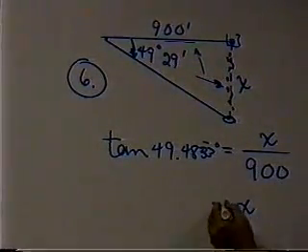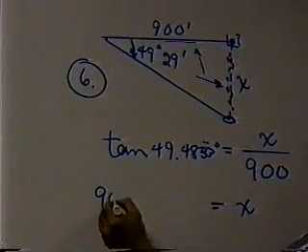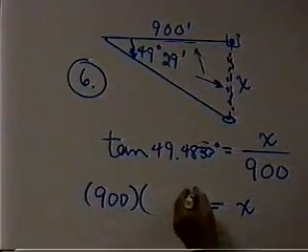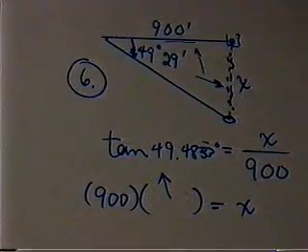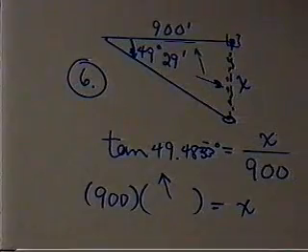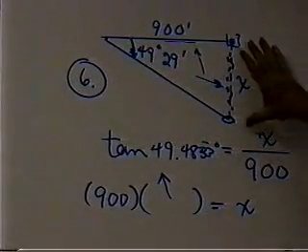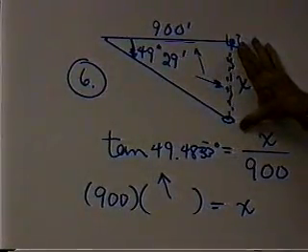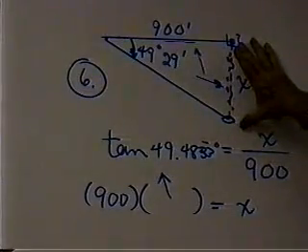Therefore, x is equal to 900 times the tangent of 49.4833. And so we get 1,053 feet. So that means the river is 1,053 feet below the bridge.